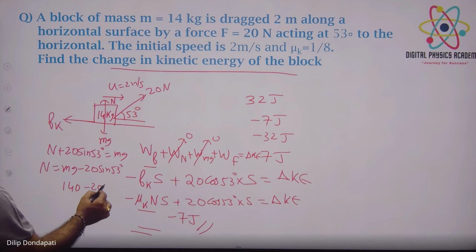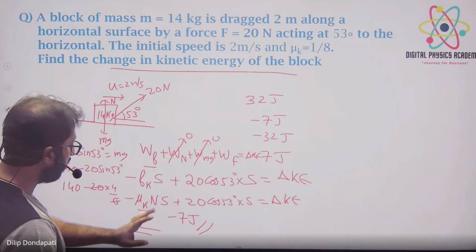Minus 20 into sin 53 is 4 by 5, right? Sir, I'm getting 124, and then sir, delta K is coming as 8 into 31 by 3, which is 248 by 3. If you substitute, you'll get minus 7 joules.